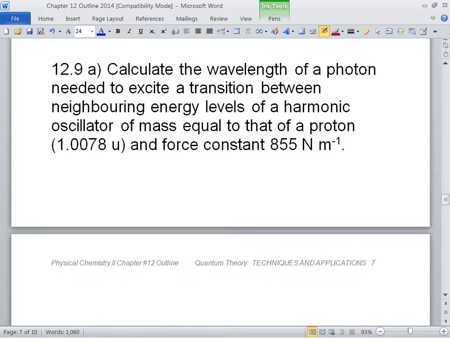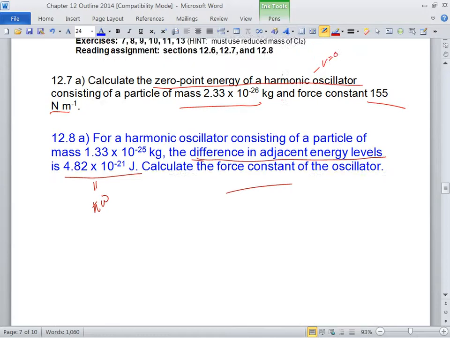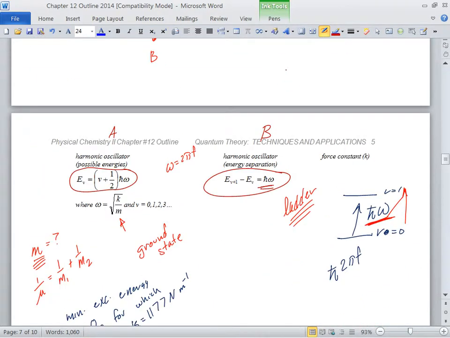Anybody want to take a stab at this one? You gotta use that A equation. Gotta use this one?